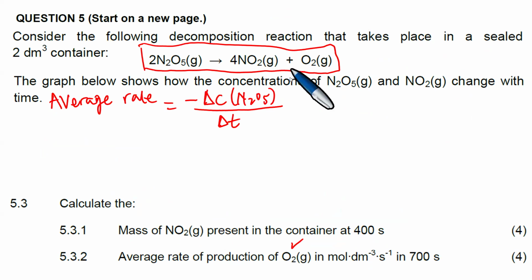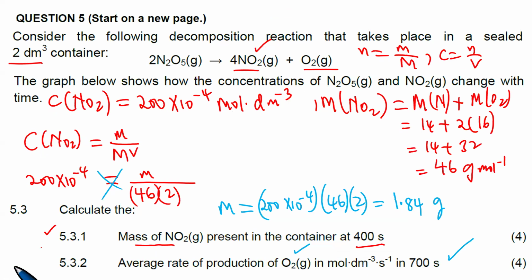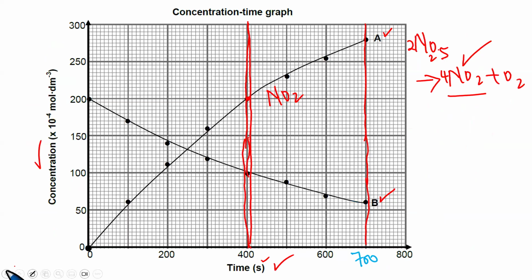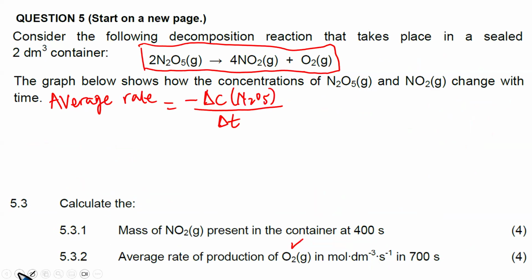Because it is running down slope, we put a negative. Why do we put a negative if it's running down slope?